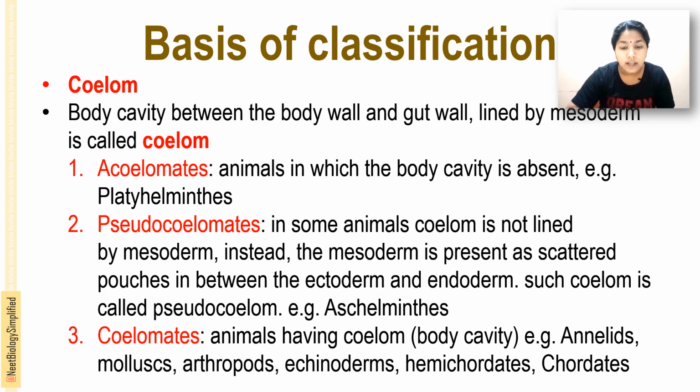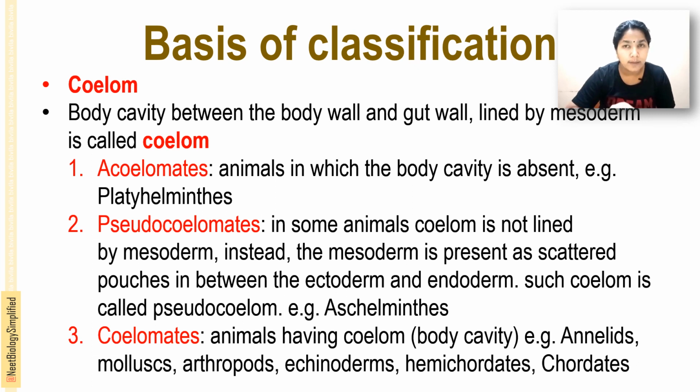Instead, this mesoderm is present as scattered pouches or rings in between the ectoderm and endoderm. Such a coelom is called a pseudocoelom. An animal that possesses the pseudocoelom is called a pseudocoelomate. Example is Aschelminthes.